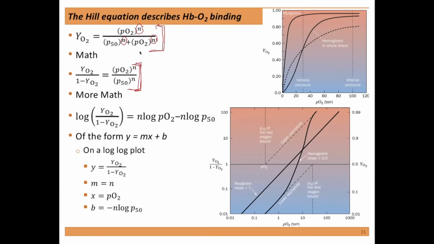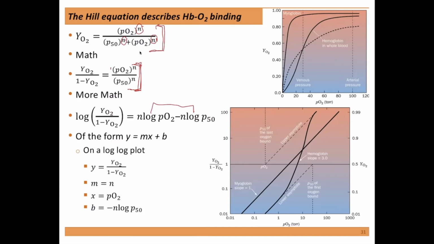And if we actually take the log of both sides of this, we end up with something interesting. You may remember if you take the log of a fraction, that actually can be expanded into this form right here, where the log of the top subtract the log of the bottom.